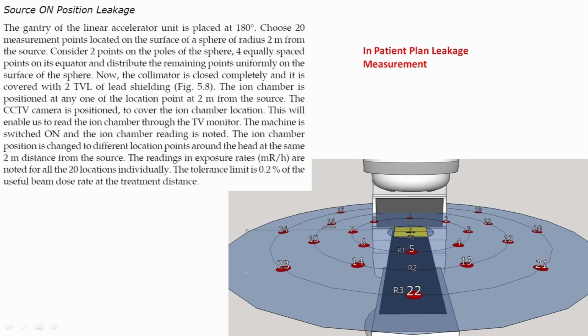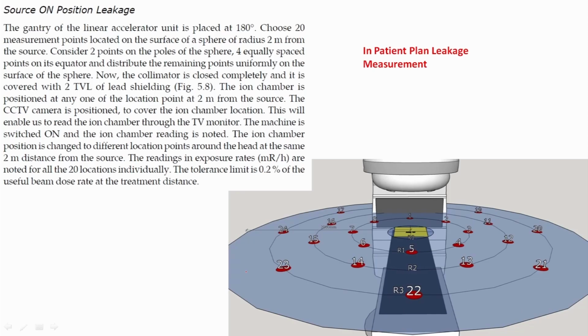So whenever the radiation strikes other parts of the gantry, there is a possibility of production of photons which act as secondary particles, and in terms we call it leakage radiation.